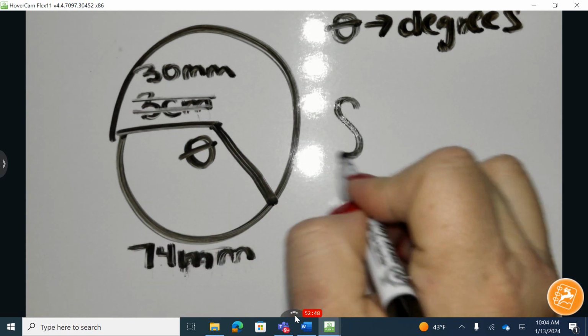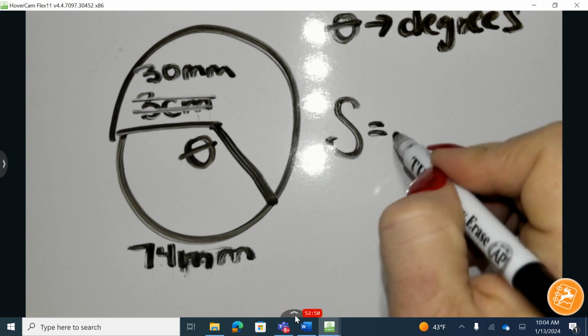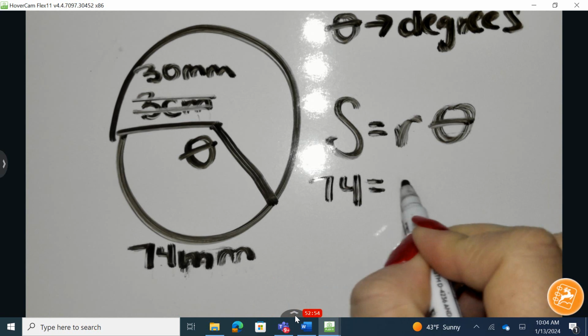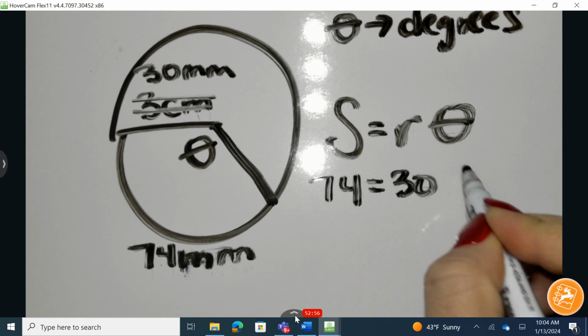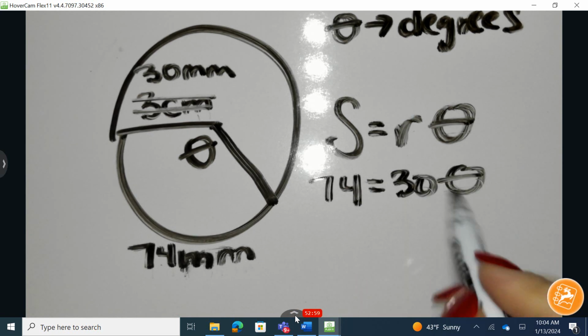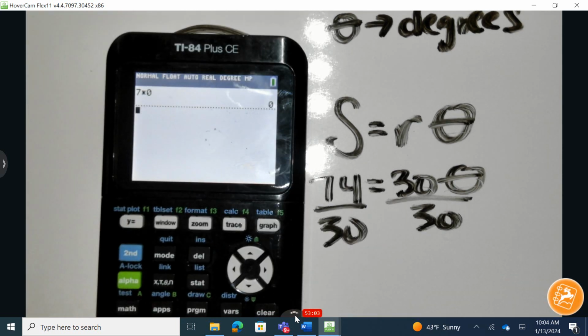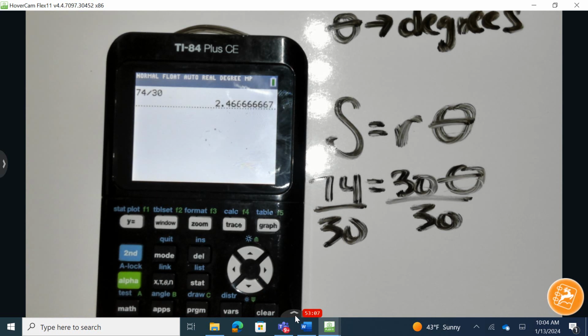So arc length is equal to r theta. My arc length is 74, my radius is 30, and I will divide here by 30. So 74 divided by 30, but this is in terms of radians, and we want to convert this into degrees.